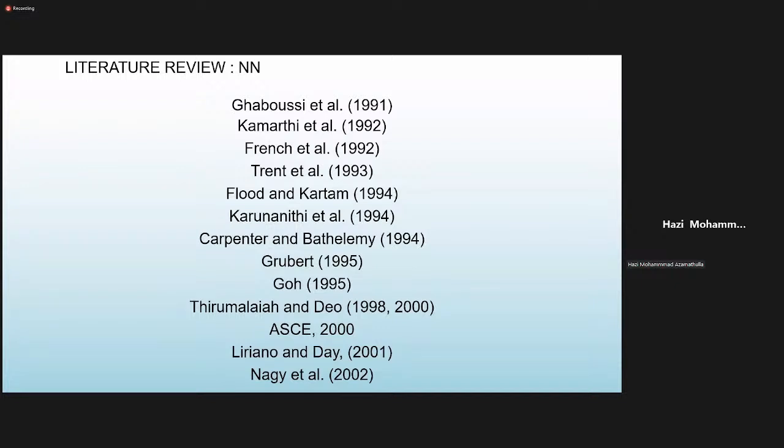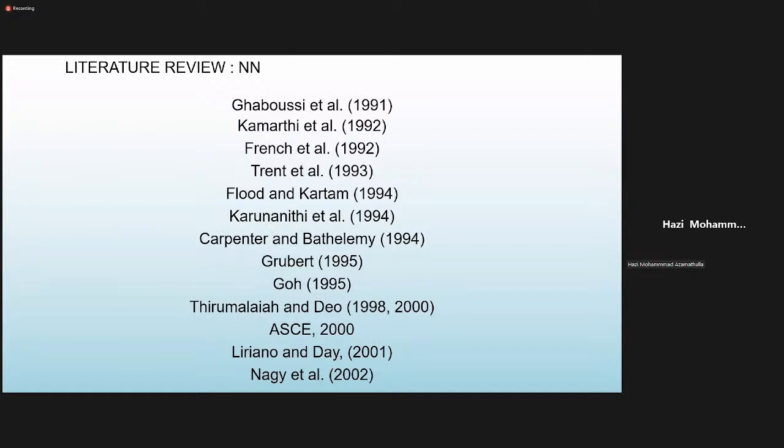We are giving rainfall, but we are getting runoff simply like a black box. Your teacher says R equals A plus BP, so what are those constants? In geotechnical engineering, Tirumalaya and Dev, Professor Dev, who was my supervisor, and Liriano and Day from UK have done this for pier scour. Okay, and Negi et al.